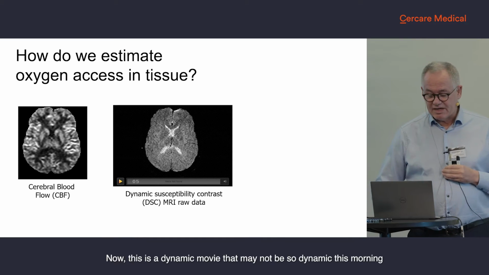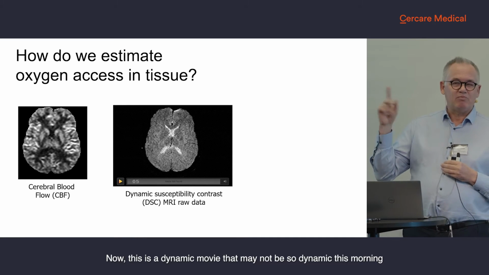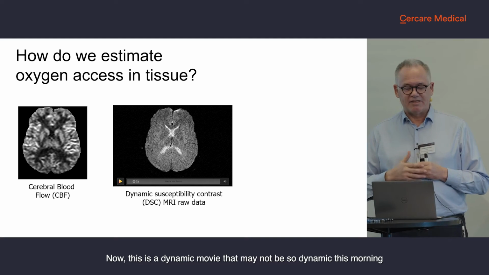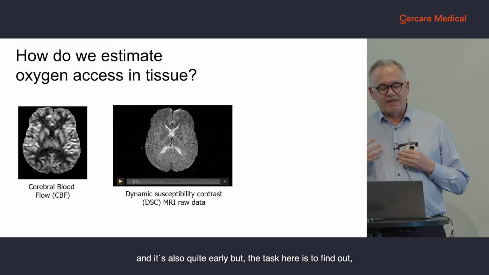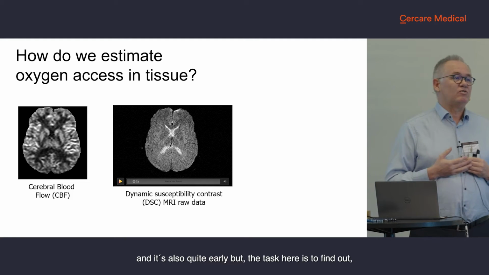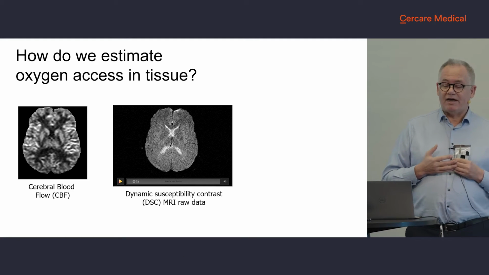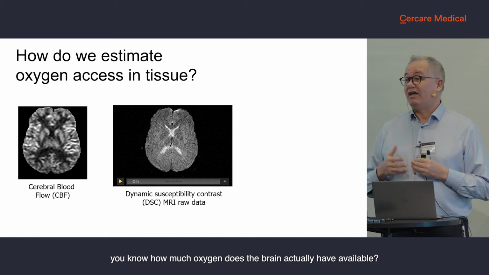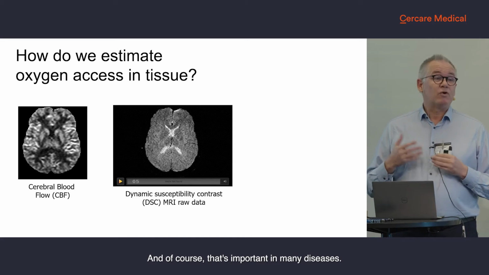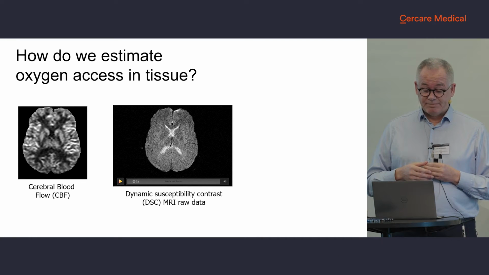This is a dynamic movie that may not be so dynamic this morning. It's also quite early. But the task here is to find out how much oxygen the brain actually has available. And of course, that's important in many diseases.